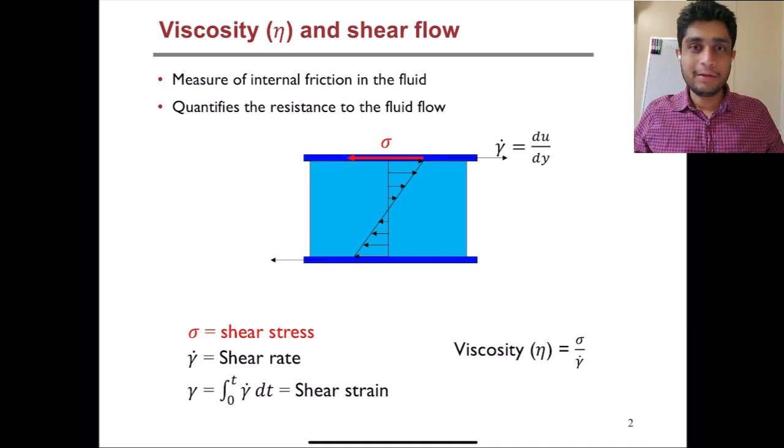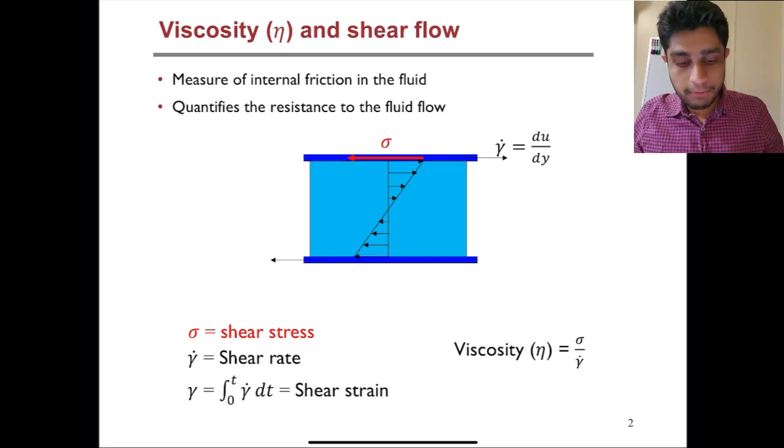Intuitively speaking, we can relate viscosity to the inverse of flowability. If a fluid is more flowable, like water, then it has a low viscosity, and if a fluid is less flowable, like honey, then we say that it has a higher viscosity.